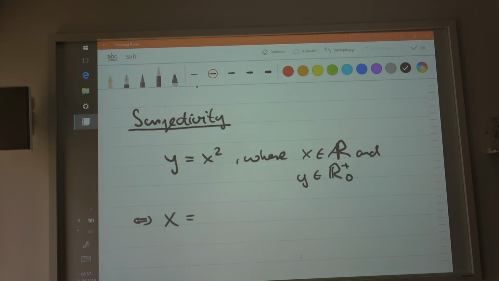Suppose that x squared is equal to, for instance, 25. Then x is equal to 5 or negative 5 in the general case, right?